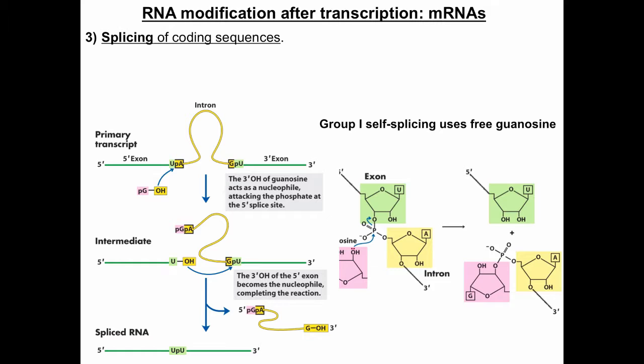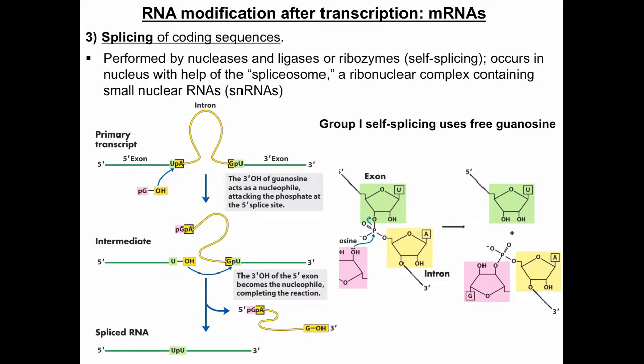So we're going to go into the mechanism. Splicing is performed by nucleases and ligases, as well as ribozymes. A ribozyme is an RNA that has catalytic activity.